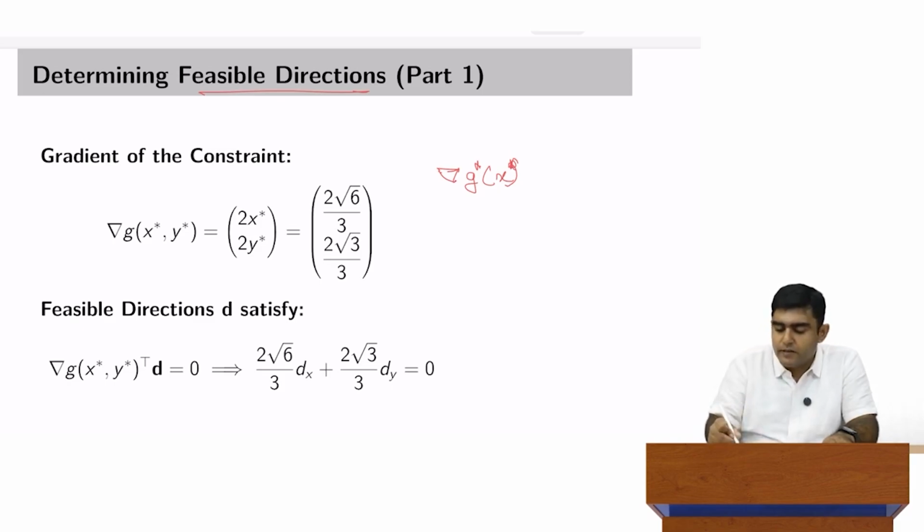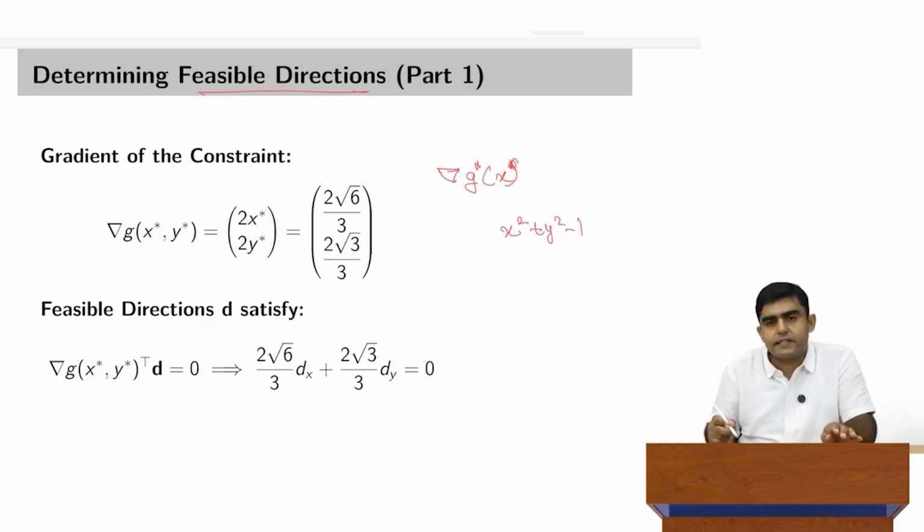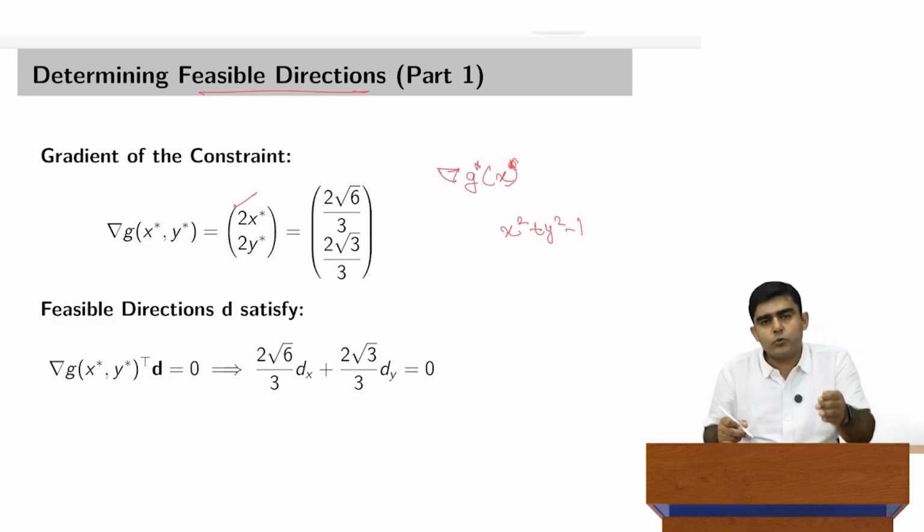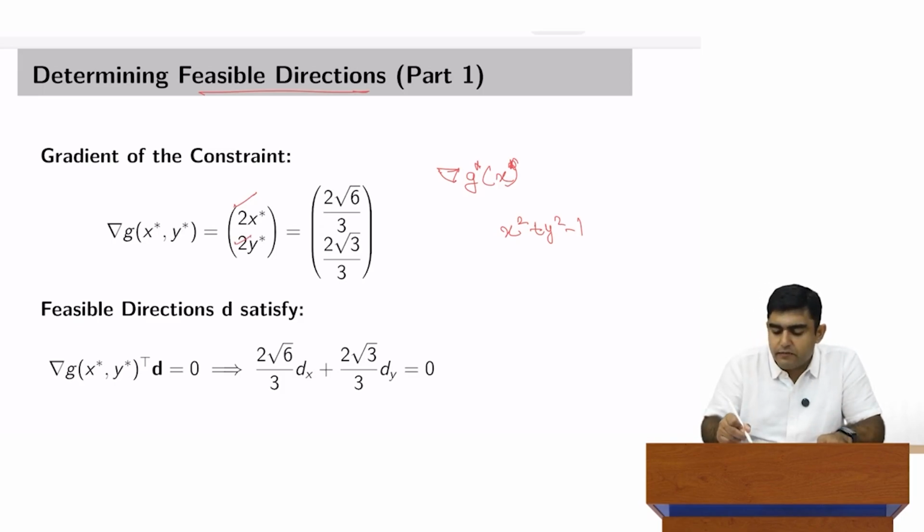So, what we do is that we take the gradient of our constraint, which is x square plus y square minus 1. When we take its partial differentiation with respect to x, keeping y constant, we get the first element of this vector as 2x star, the second element as 2y star. Then x star and y star are substituted, and we get del g of x star, y star is equal to 2 root 6 by 3 and 2 root 3 by 3.